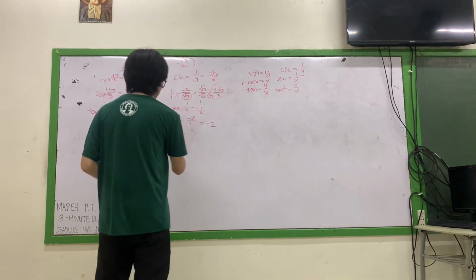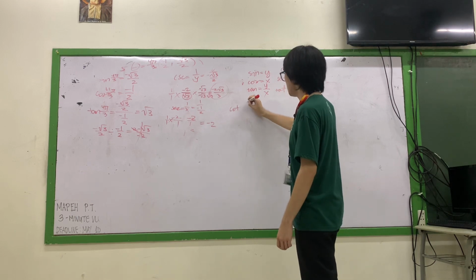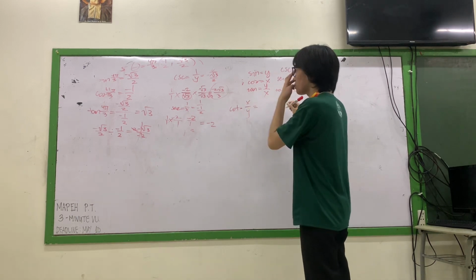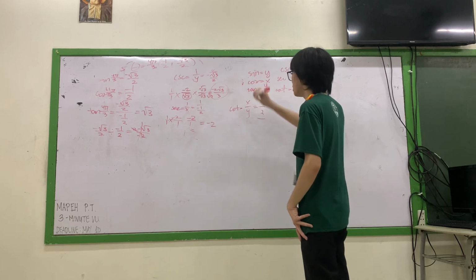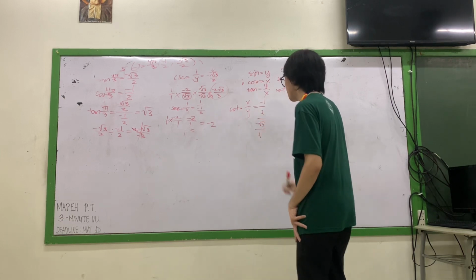Lastly, for cotangent. Cotangent is x over y. So we simply substitute. Our x there is negative 1 over 2, and our y is negative square root of 3 over 2.